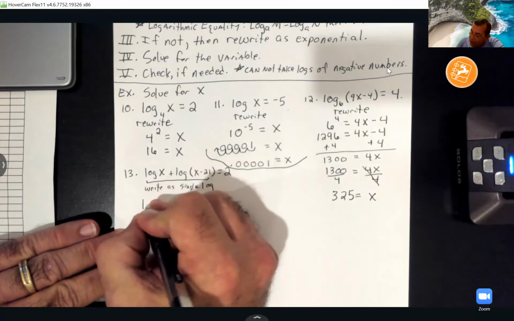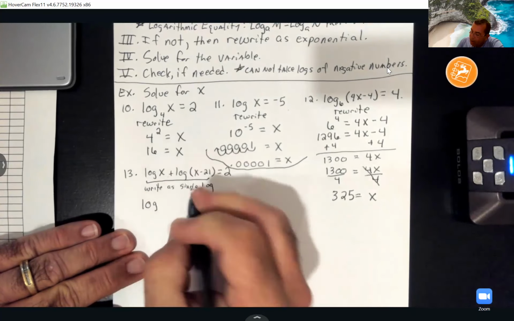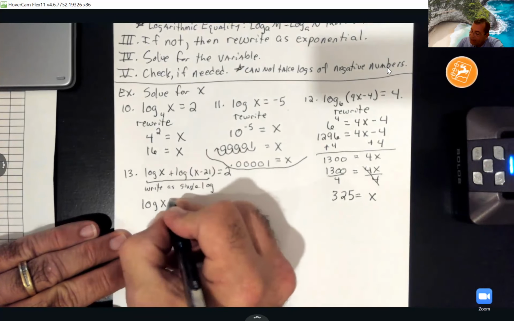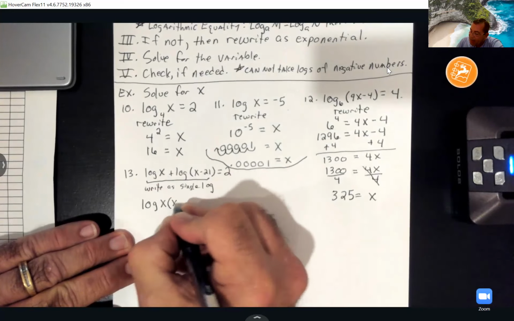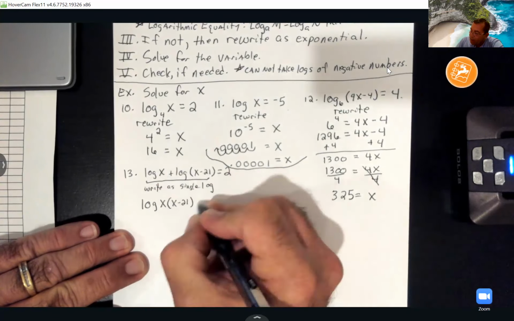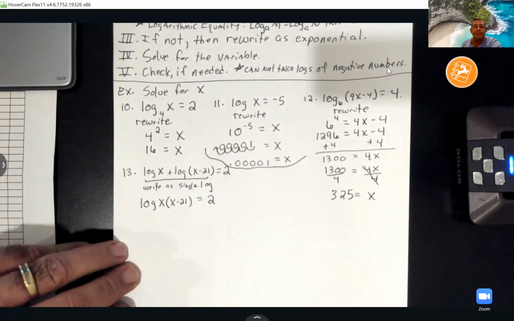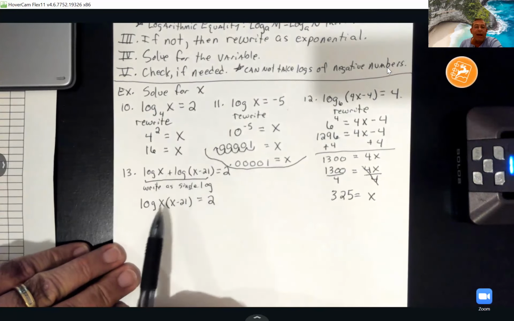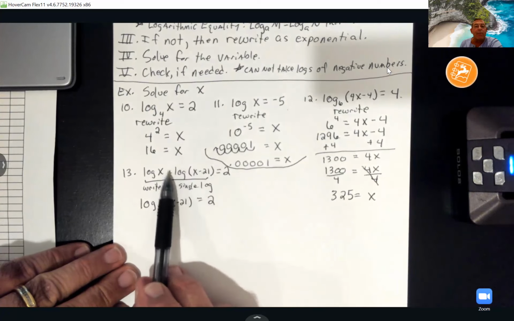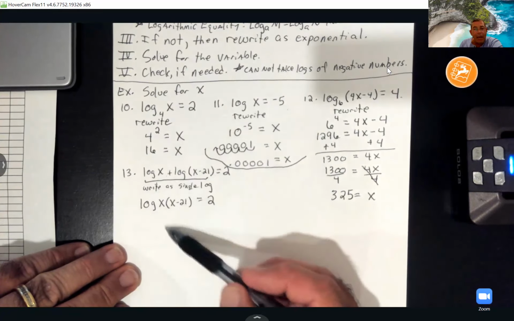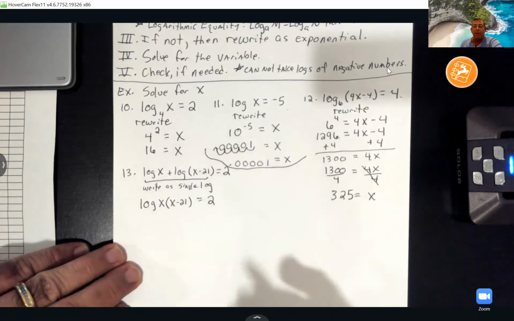So bring out your log, and then we'll have x times x minus 21, all equal to 2. So added, we write them as a product. If they were being subtracted, then I would write them as a quotient, okay?